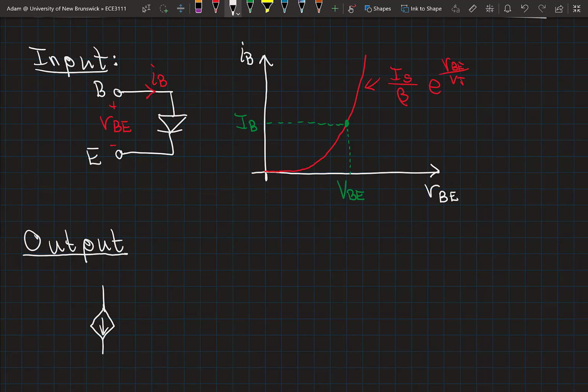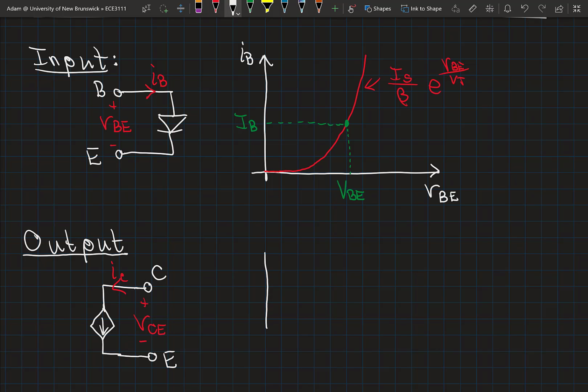We have a controlled current source here between the collector and the emitter, and that current through the collector as a function of the voltage from collector to emitter is constant, right? The collector to emitter voltage has no impact on the current, because the current is controlled by the input.